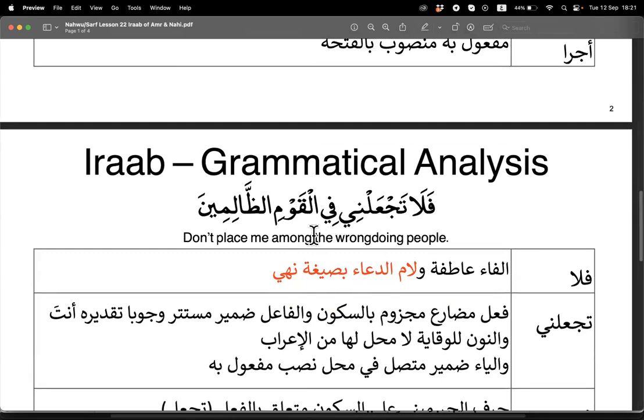What about fil qawmi? Fi is harf jar. And al-qawmi is the ism majrur. Good. And then al-zalimina. Yes, jar. Where is it jar?